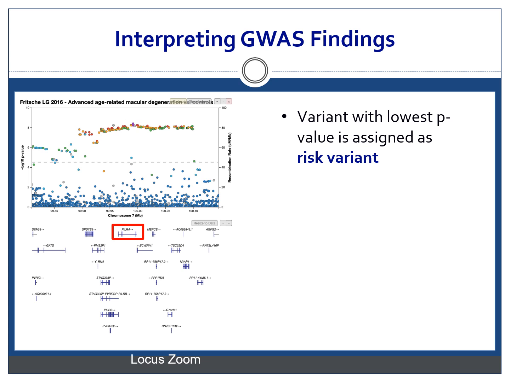The variant with the lowest p-value is generally assigned as the risk variant. In this case, this diamond-shaped SNP, which we also call the sentinel SNP, is associated with AMD. Similarly, the gene closest to the variant is given the locus name. For this example, PILRA is right here, and that's why this locus will be called PILRA.